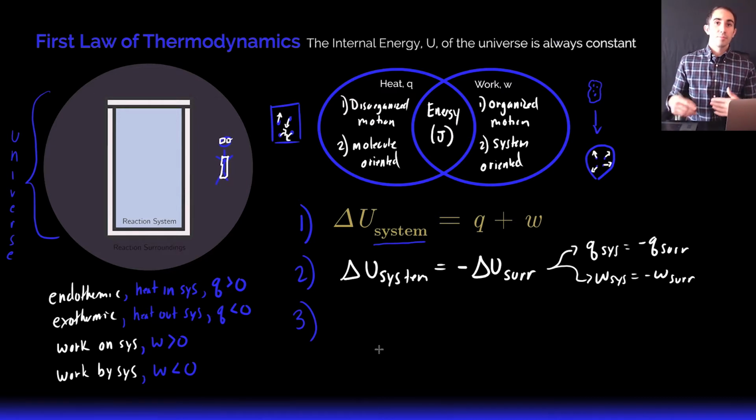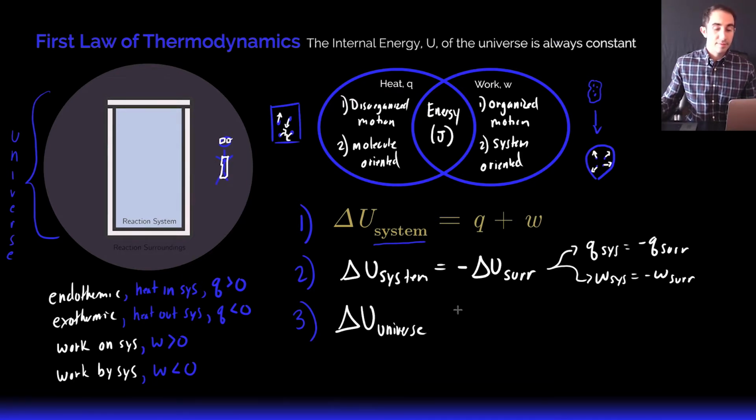So what does this mean? Well, it means that if they are opposite in sign but equal in value, then delta U of the universe is constant or just equal to 0. So this kind of explains the fundamental concepts behind the first law, but now let's see if we can apply it to an actual question.